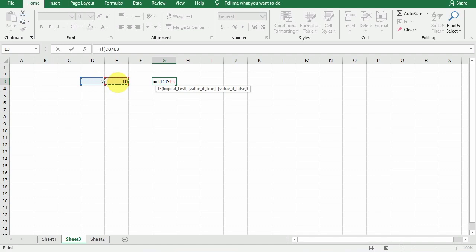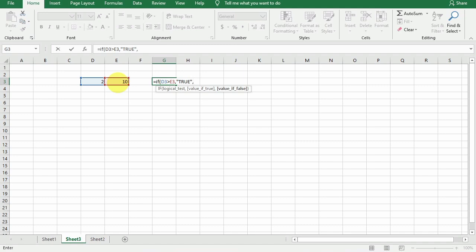Now I want a conditional response to be created. I'll put a comma, shift, double quotes. If cell D3 is greater than E3, print this. Let's print true. I close the quote, comma.